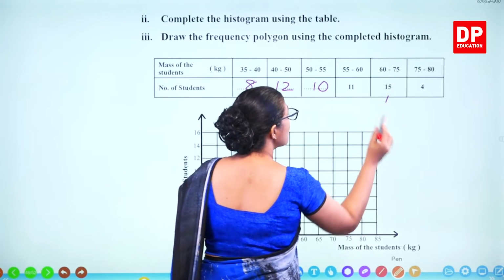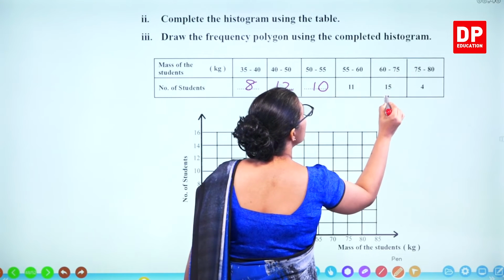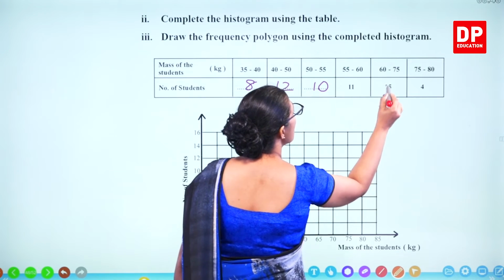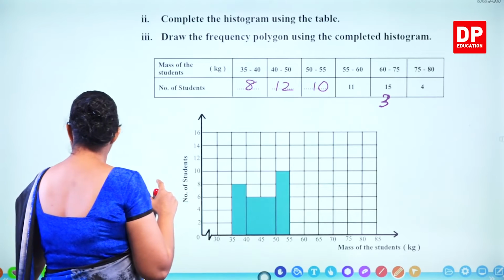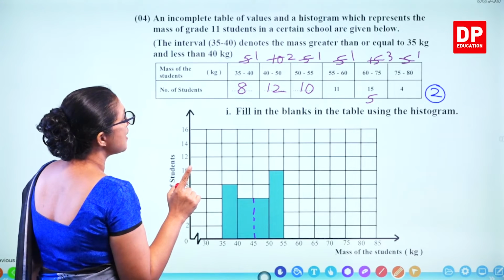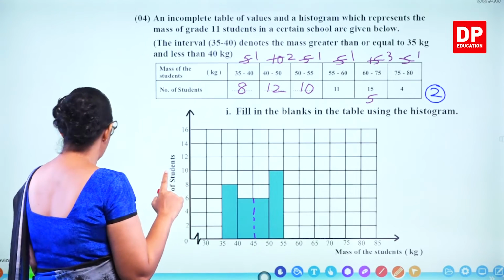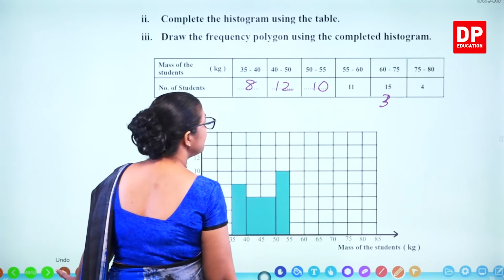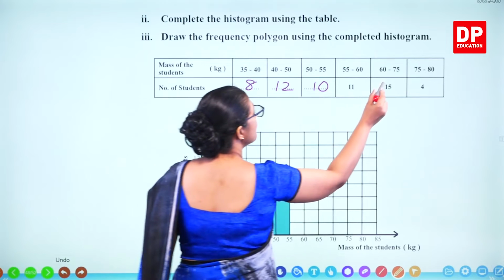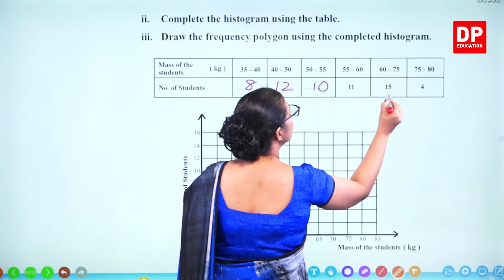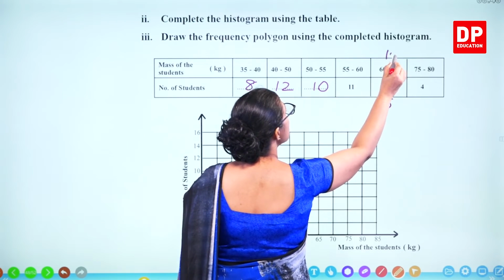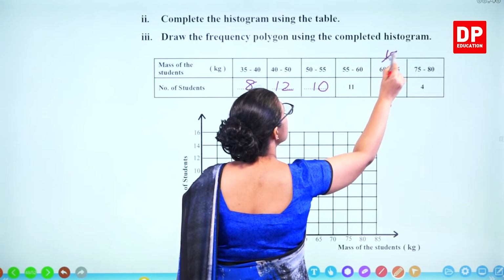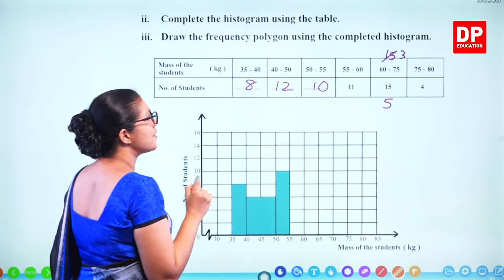We have to multiply by 5. So you get 3 here instead of this. All the other frequencies are the same. 3 divided by 5, not 3. Because 15 is there, when you divide by 5, that's 3.